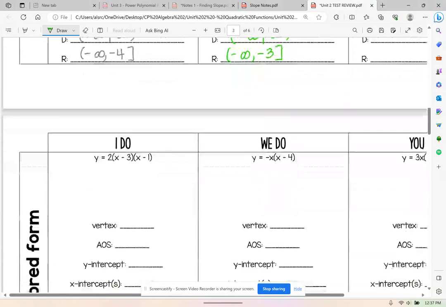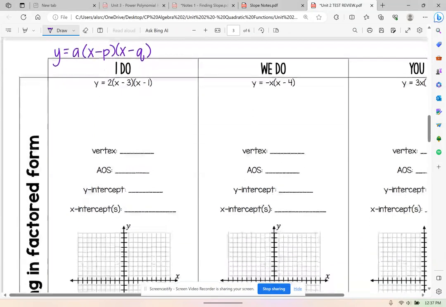Okay. Last form. Factored form. Y equals a times x minus p times x minus q. APQ. Vertex: p plus q divided by 2, and then plug it in.